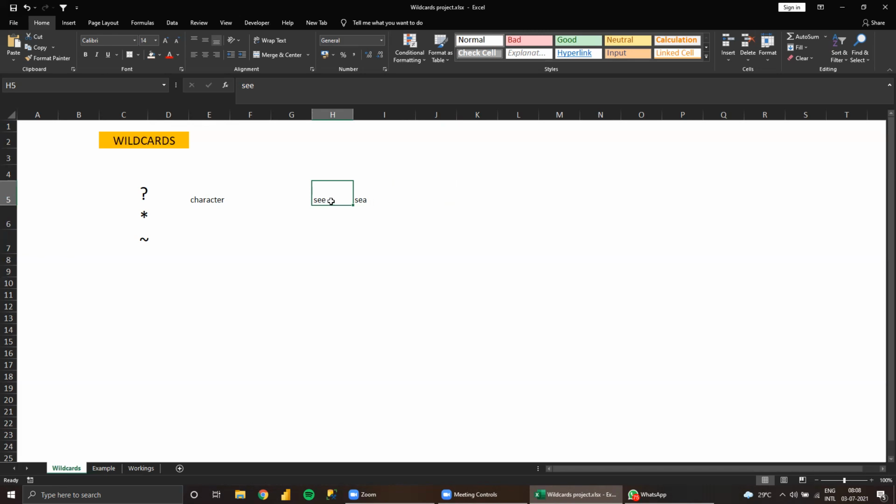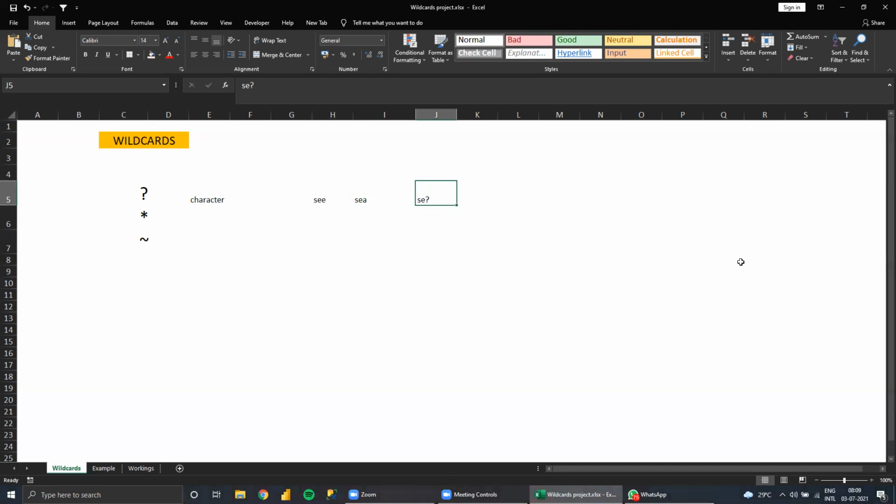The first two characters are correct, but whatever the word, whether see or saw, anything can be okay. C is the correct part, and in place of A and E we can put a question mark. This is how it is, meaning both are readable.